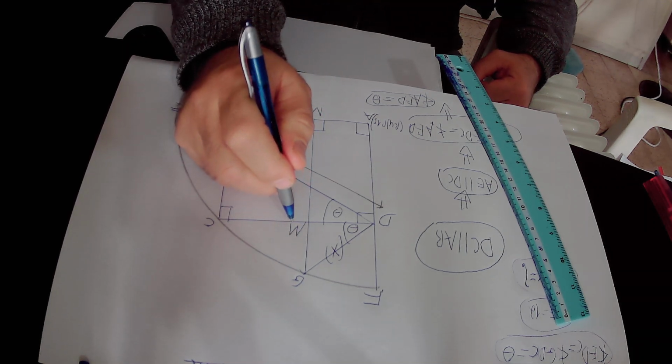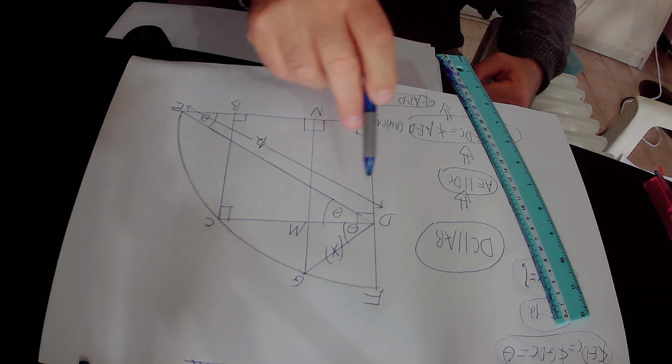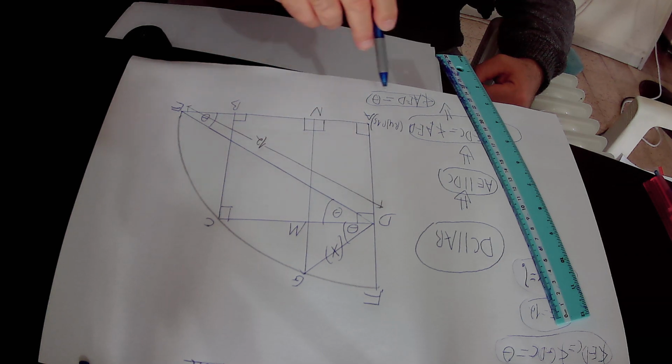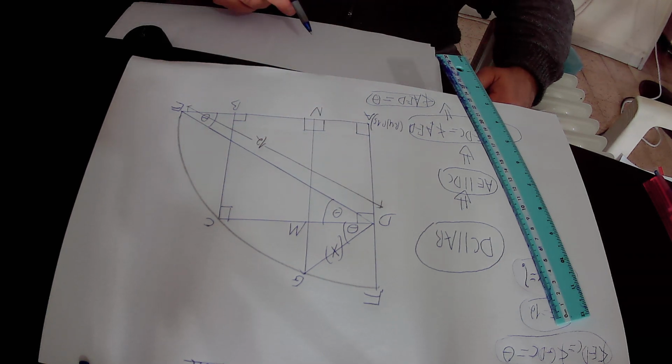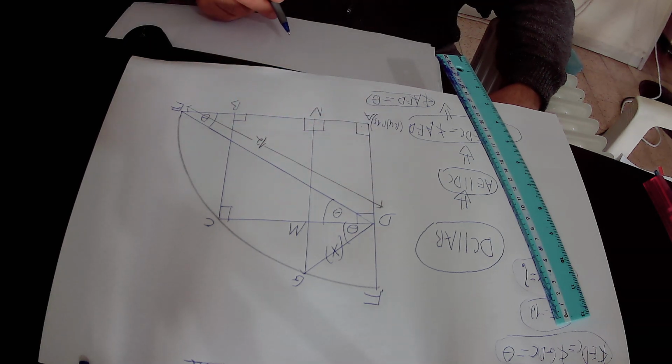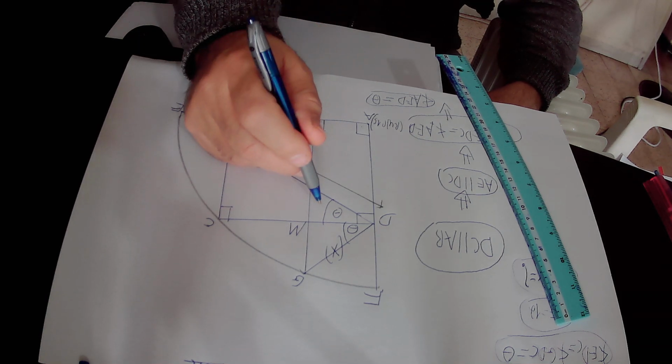By doing this construction, we get quadrilateral DMAN or DMNA. Inside this quadrilateral, we have 1, 2, 3 right angles. The sum of 3 right angles is 270 degrees, so 270 degrees plus the size of this fourth missing angle.